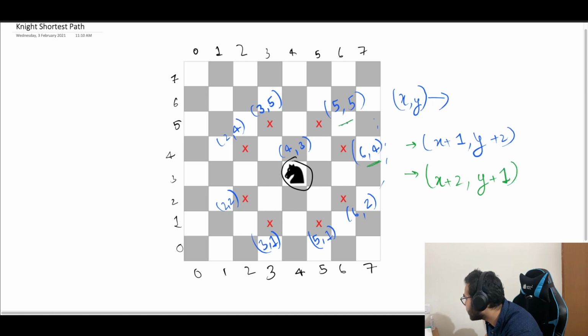Now 6 comma 2 would be x plus 2 comma y minus 1. Then we have 5 comma 1, which is x plus 1 comma y minus 2. Then we have 3 comma 1, which is x minus 1 comma y minus 2.